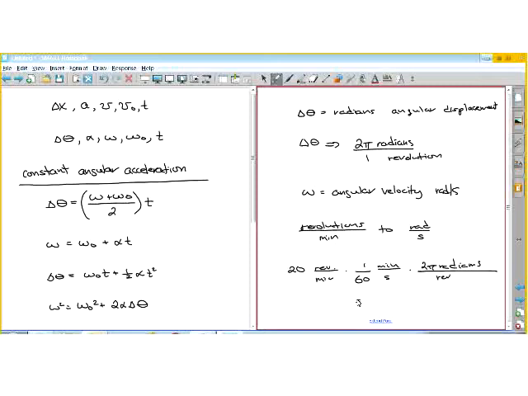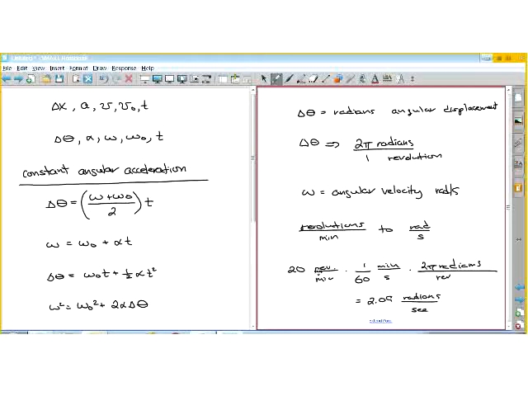And so it's usually a factor of about 10 less. Because you can see we have 2 pi, which is around 6, divided by 60. So it's about a factor of 10, not exactly. 20 times 2 times pi divided by 60 is 2.09 radians per second.